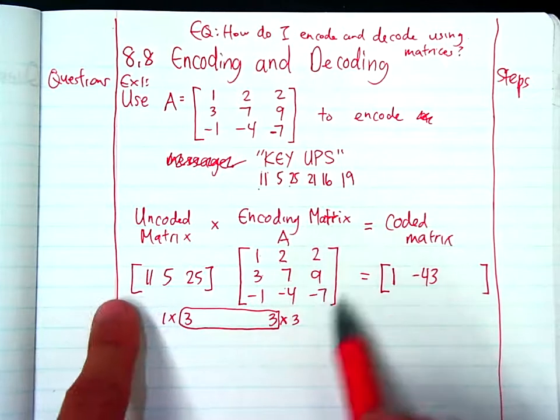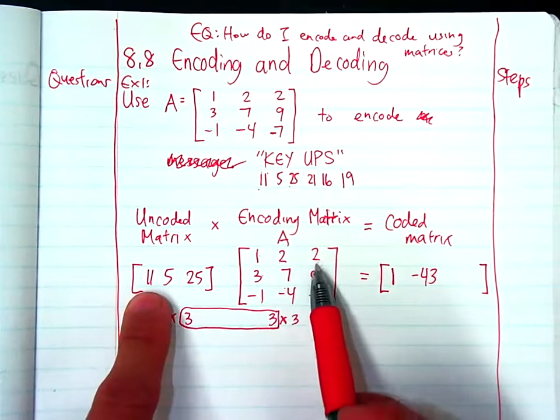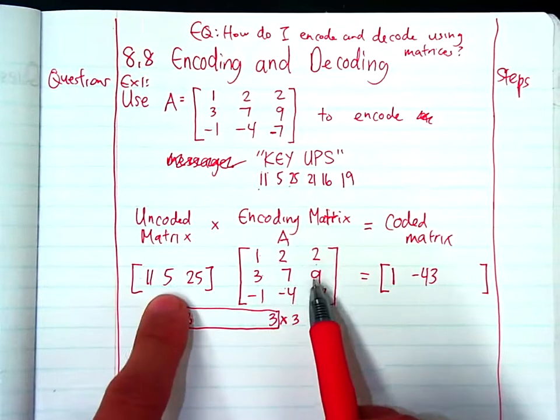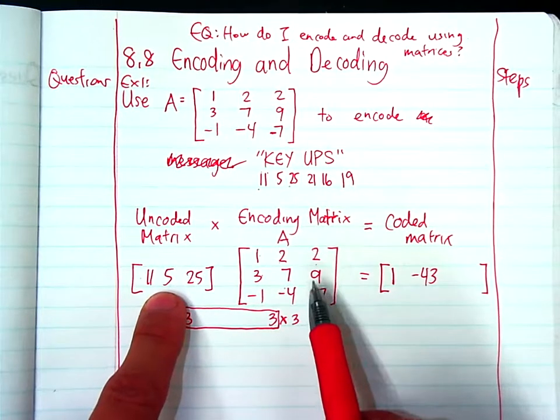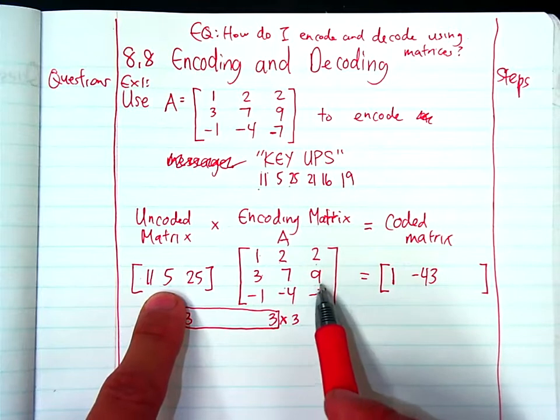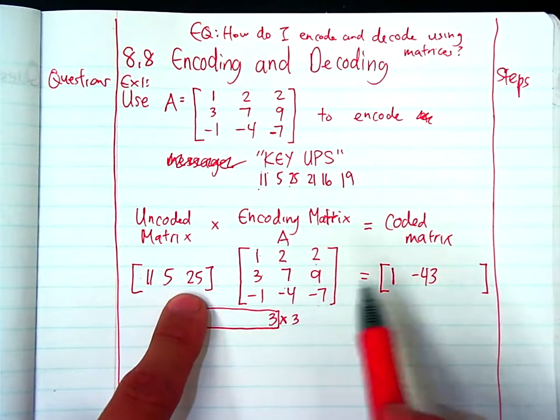Now I'm going to multiply this row by this column. So it's going to be 11 times 2 is 22. 9 times 5 is 45. 45 plus 22 is 57 again. And then negative 7 times 25 is negative 175.